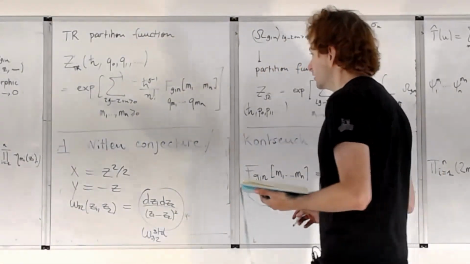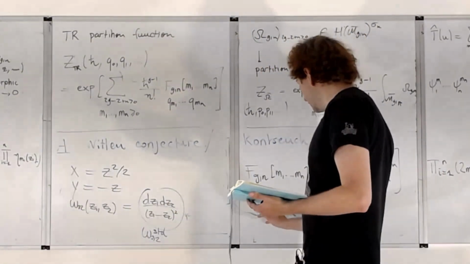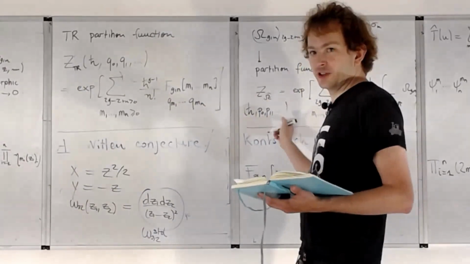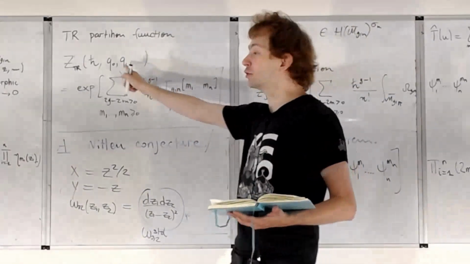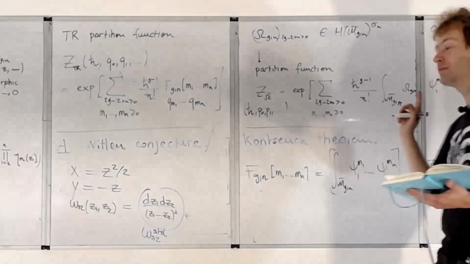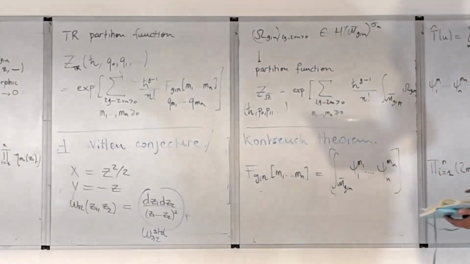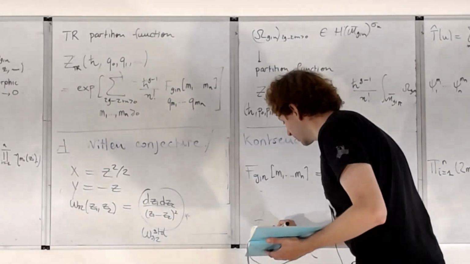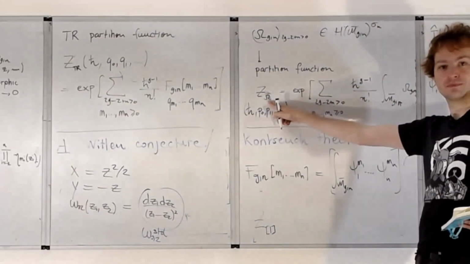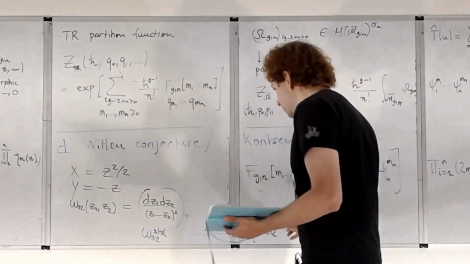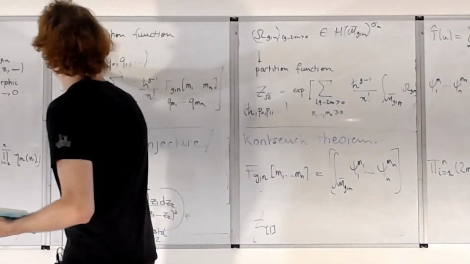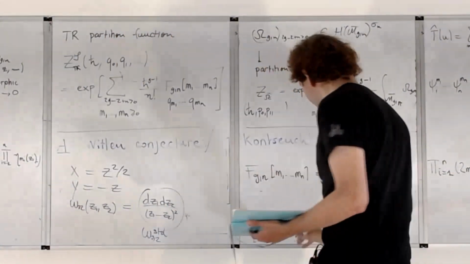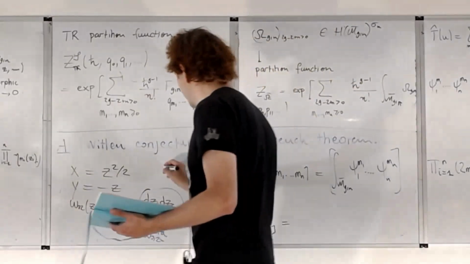Okay, so it means that for this specific spectral curve, the two partition functions agree, provided that you relate the q's to the p's. So I would say the class here is just the fundamental class, so 1 instead of omega. And so Z_TR depends on the spectral curve. So this spectral curve is called the Airy curve.